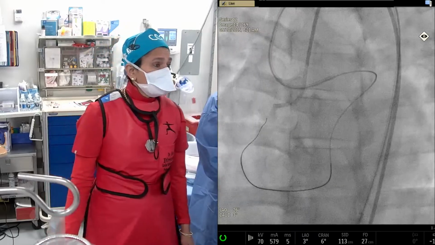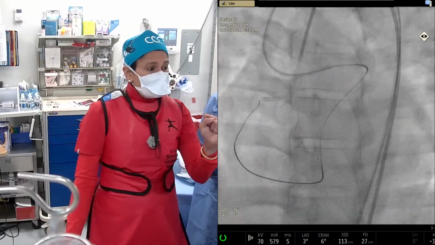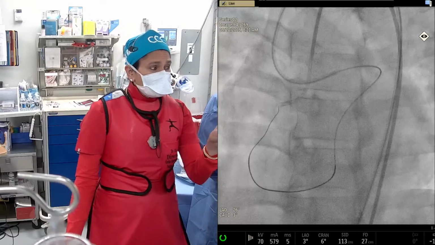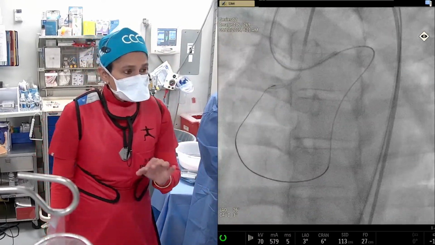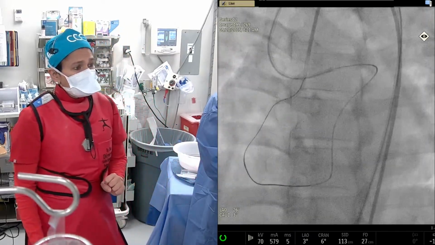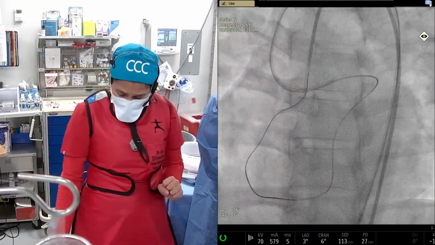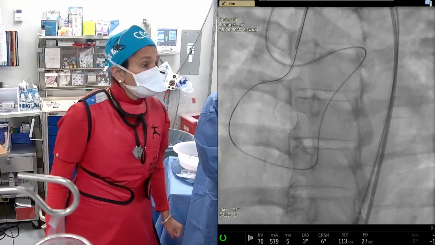So when you are there, now what you need to do is anchor this wire, because getting this Corsair through the CTO will not be easy. You already see the guide of the left side getting sucked into the left main. To avoid that, what we did was you take a 2.0 balloon. You can see that, right?